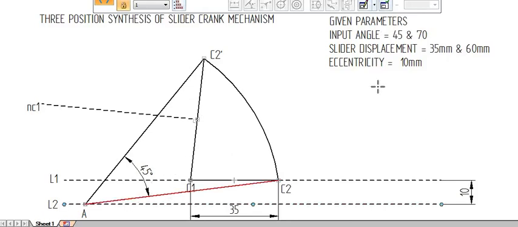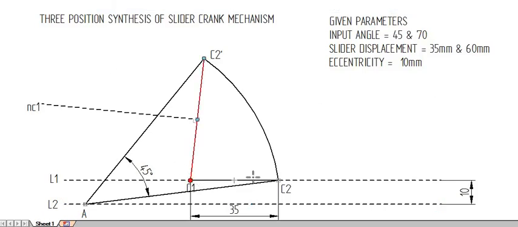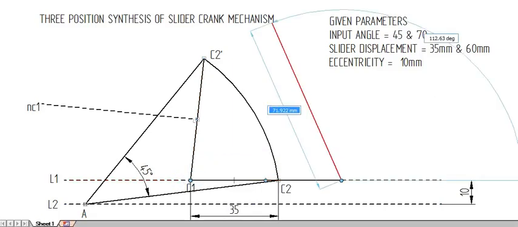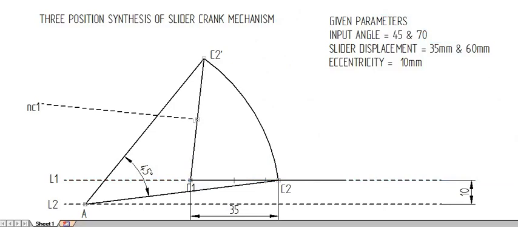Now we are taking the second set of input angle and slider displacement and doing the same procedure. So I am drawing a line from C1 at a distance of 60 and marking that point as the third position of the slider, so C3.